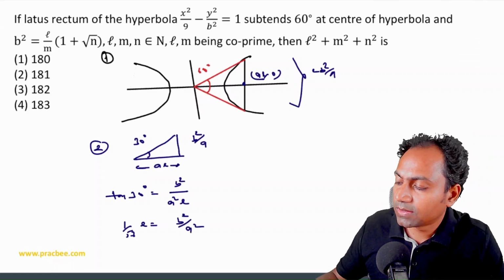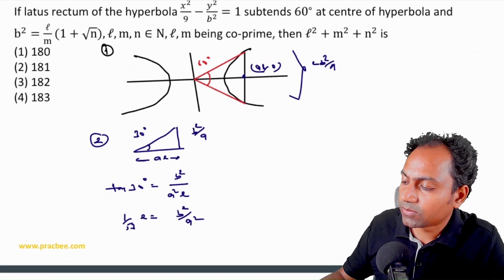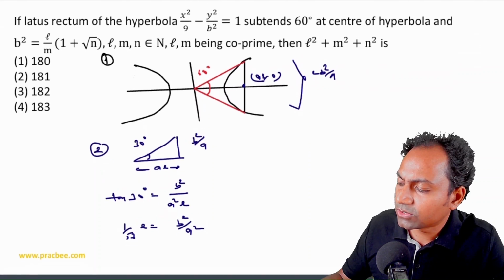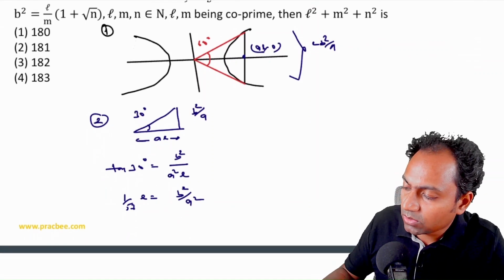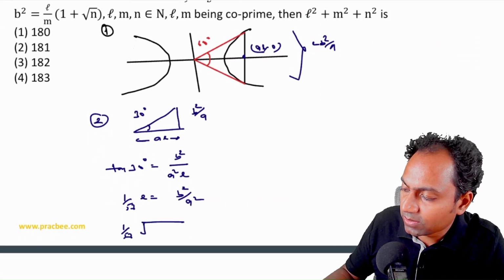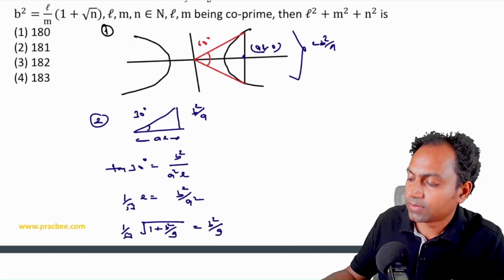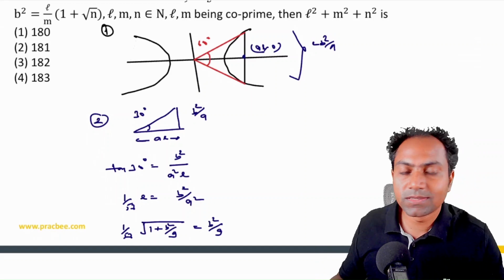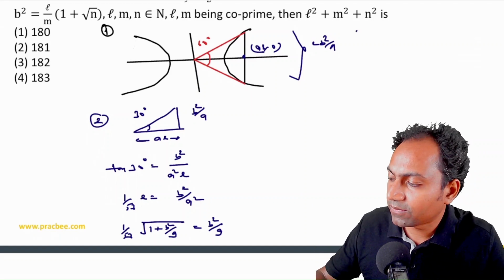Now see, in the question, if I square this up, you can see that again the value of a square is given as 9. So out of this also 1 by root 3 is fine. Eccentricity can be written as 1 plus b square by a square, and a square is nothing but 9. Once you have got this, it is a simple quadratic equation that will get formed.